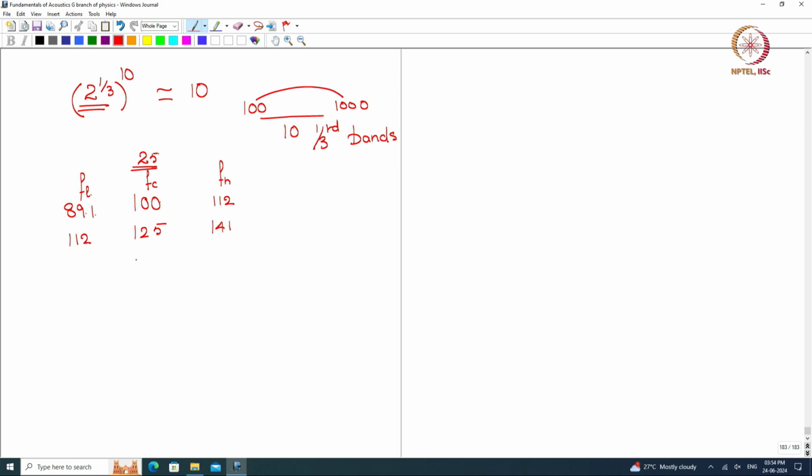Then the next is 160, higher number 178, lower number 141. They are contiguous, and you can continue like this up to 1000, where the higher number is 1122 and the lower number is 891. These are standardized octave bands.